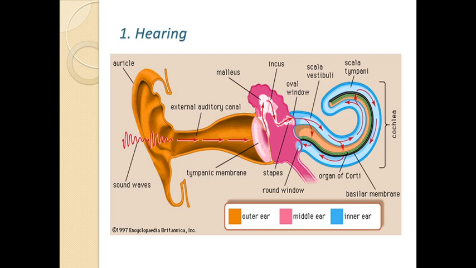So we should know that the vestibular canal of the cochlea is connected to the oval window, and the tympanic canal of the cochlea is connected to the round window.